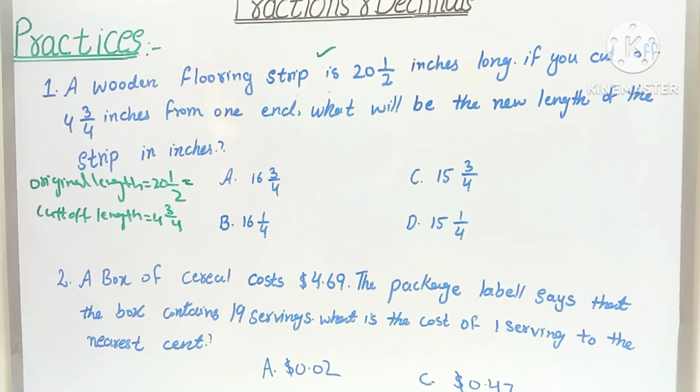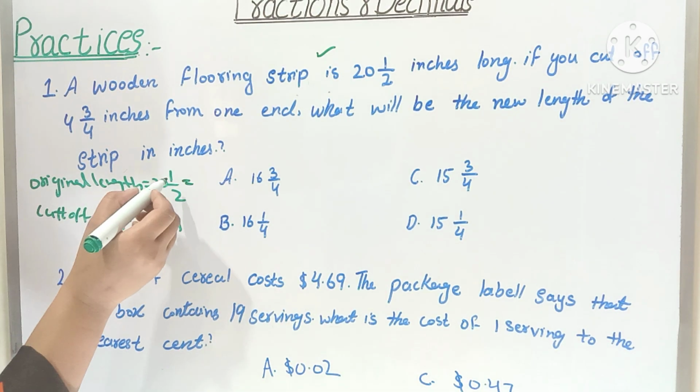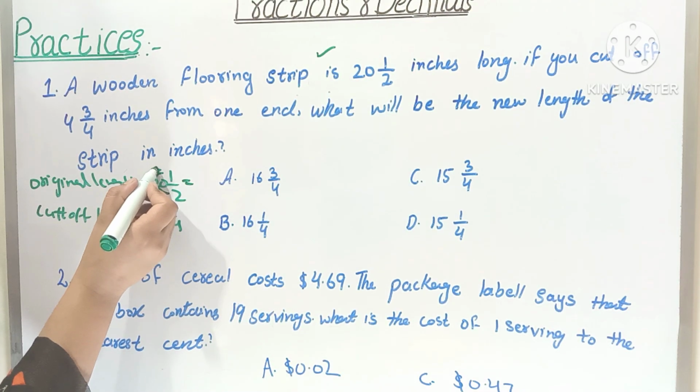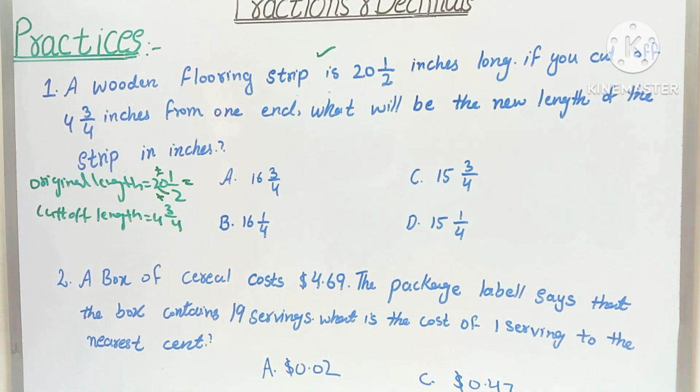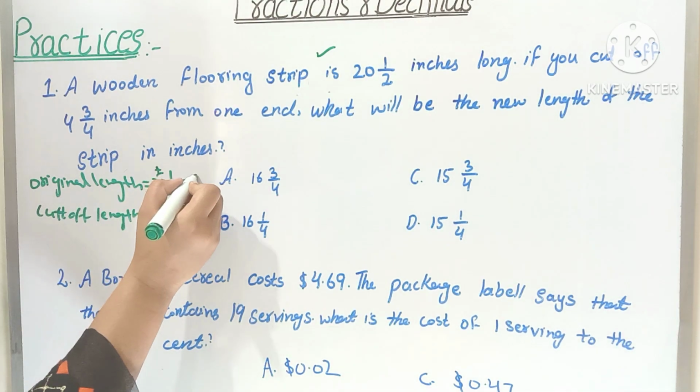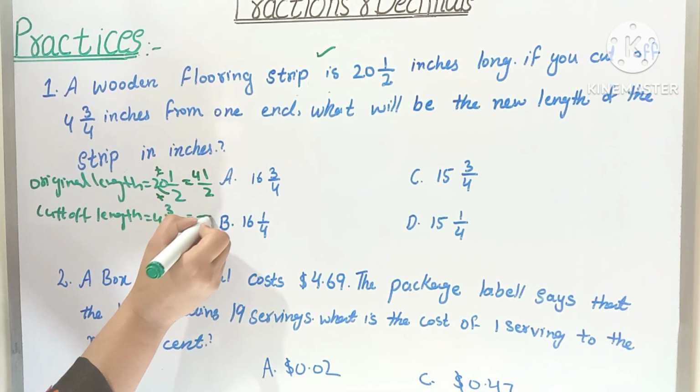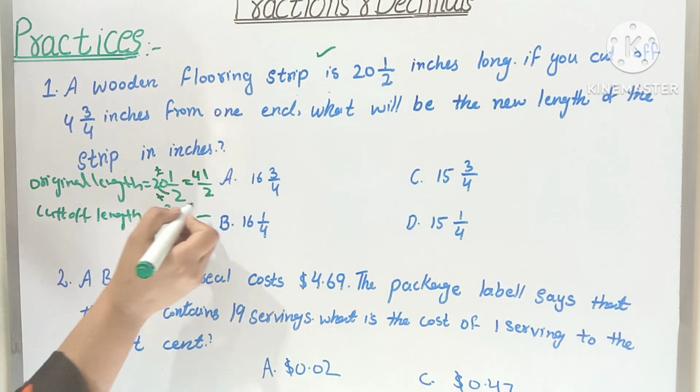If you want to completely understand how we convert a mixed number into a proper fraction, I will put the link in the description. 2 times 20 plus 1, that is 41/2. Now for 3/4, 4 times 4 is 16 plus 3, that is 19/4.